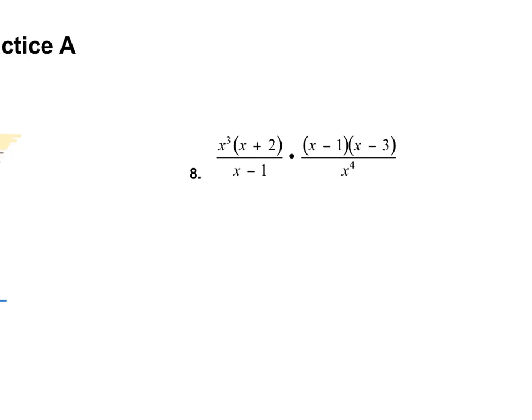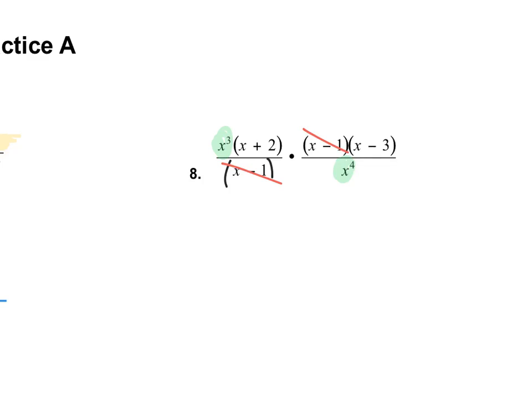In the second one, this one is already factored for us. So what we're looking for is common factors that we can cross out. As we look in the numerator and the denominator, we have an x minus 1. That's all that we can cancel out. But we also have an x to the third and an x to the fourth, which can be simplified.